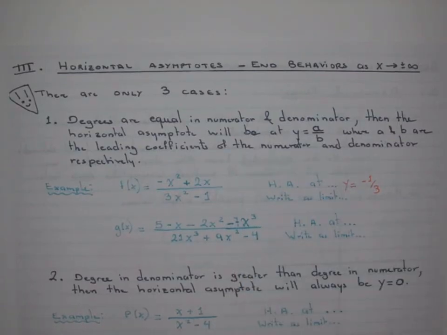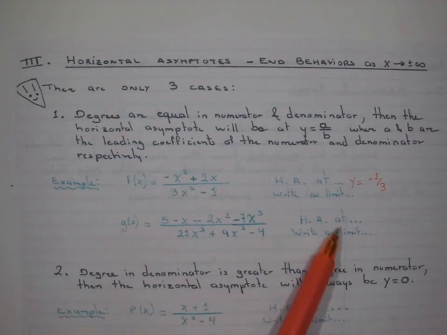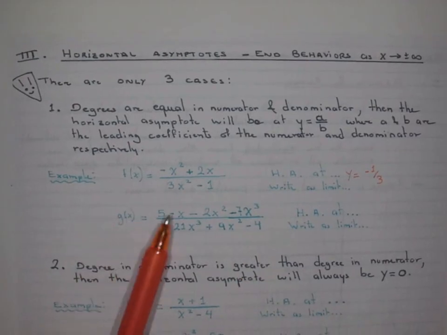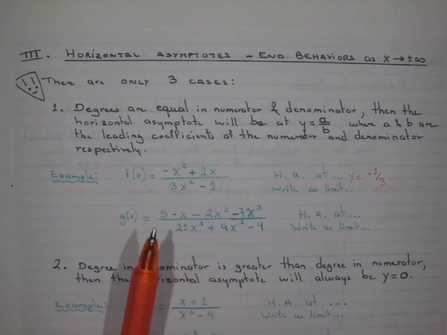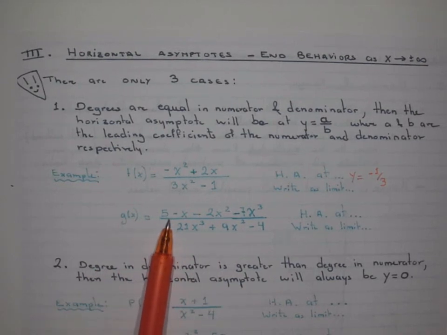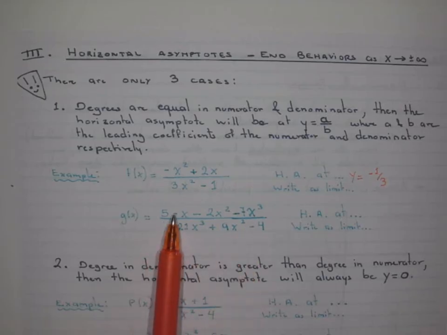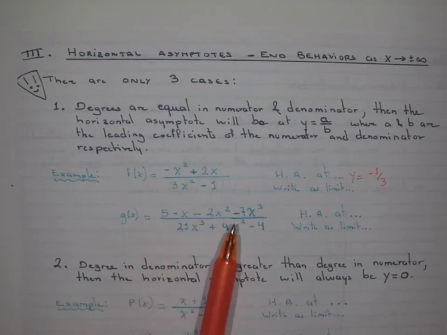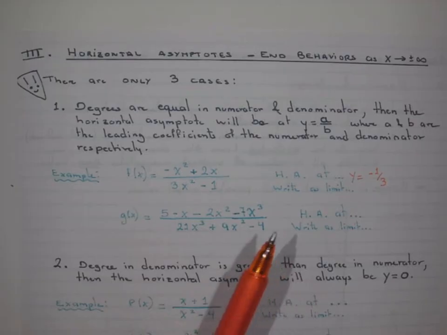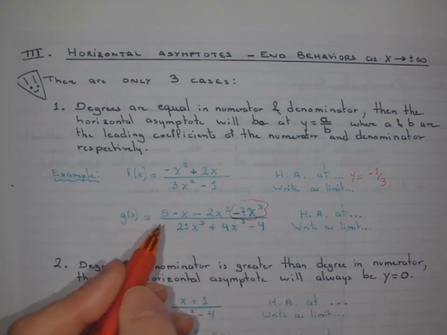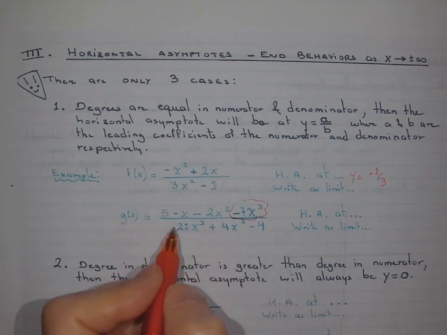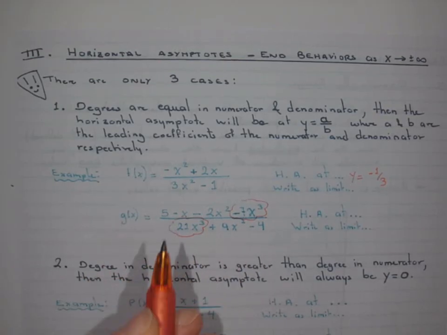Okay. Look at this one, and here I kind of just mixed them all up, because you need to be paying attention, right? The leading term does not mean that it is going to be in the first place if your polynomial in the numerator is not written in standard form. So you have to really pay attention. The leading term in the numerator will be this one, and the denominator is written in standard form, so the leading term is this one. Okay, compare the degrees.